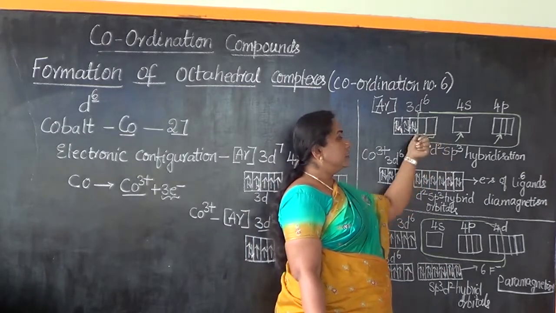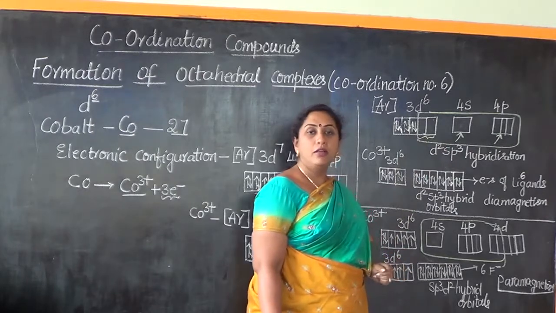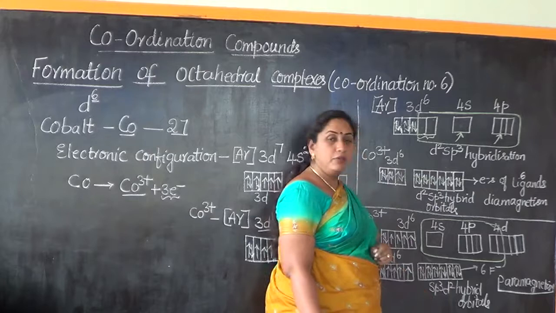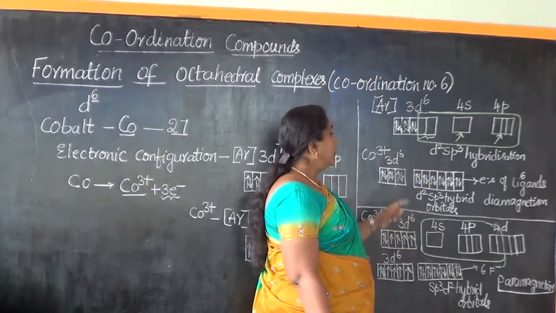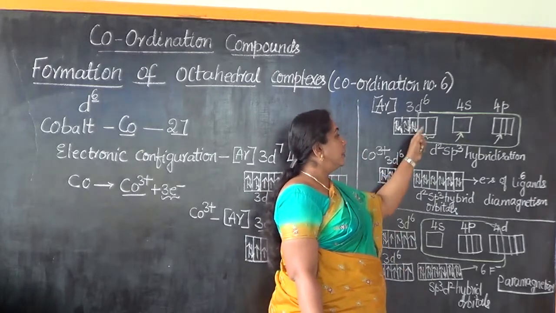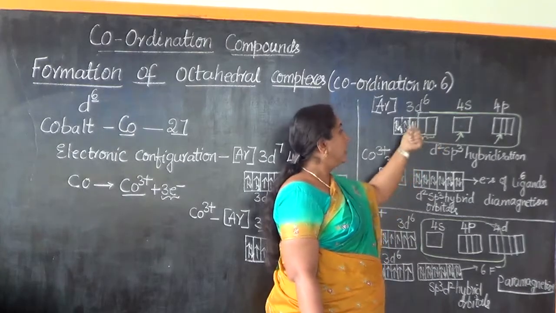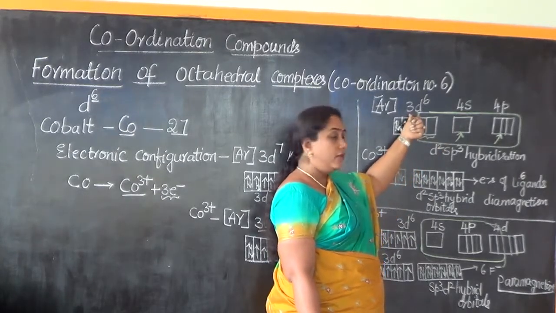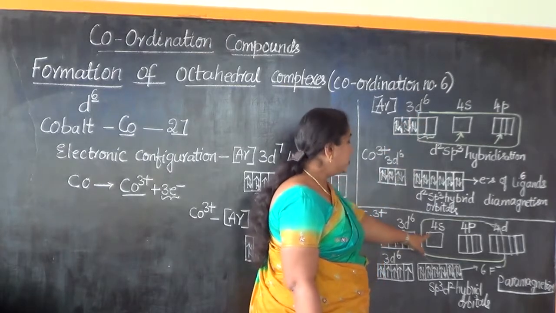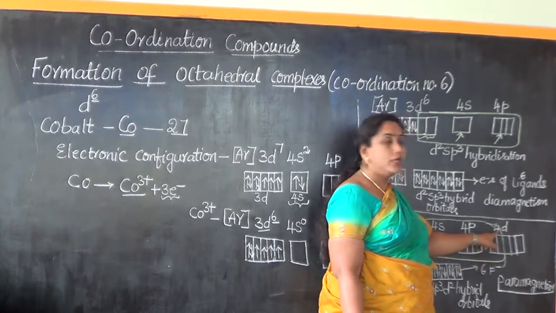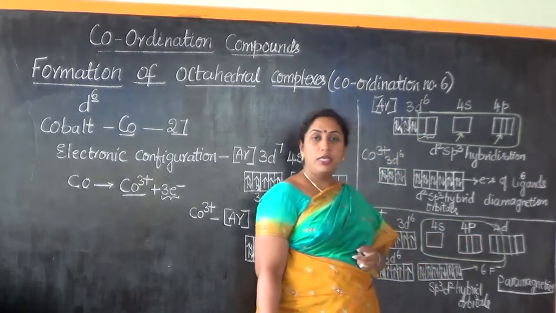d2sp3 is an example of an inner orbital complex. What is the difference between this and this? We see that here there is participation of 2 of the d orbitals belonging to the inner energy level. Here we observe participation of 2 of the d orbitals belonging to the outer energy level.